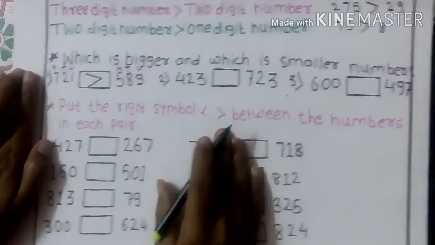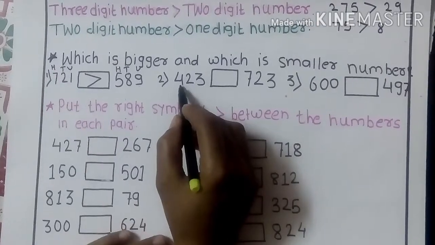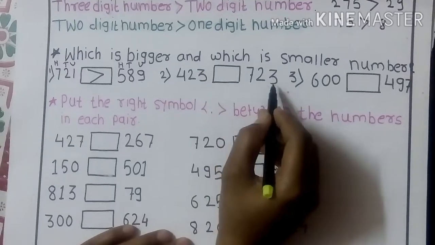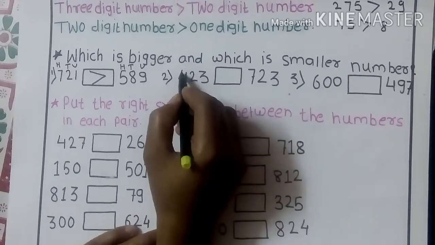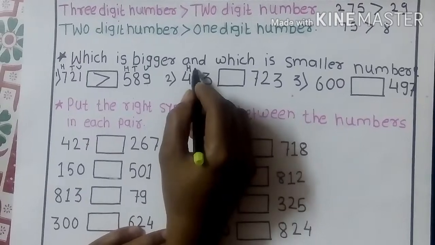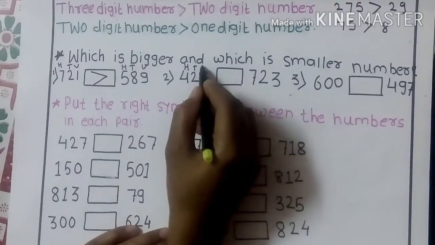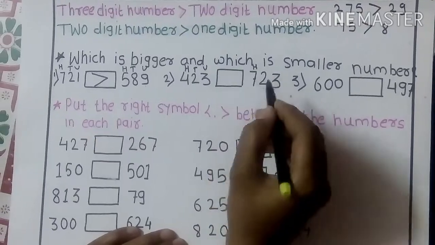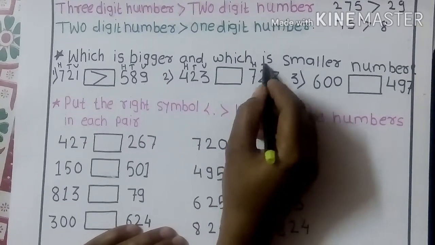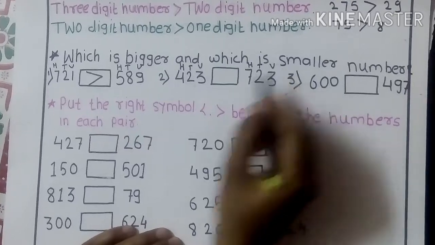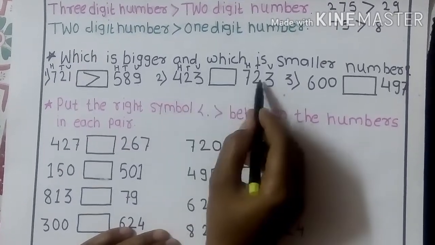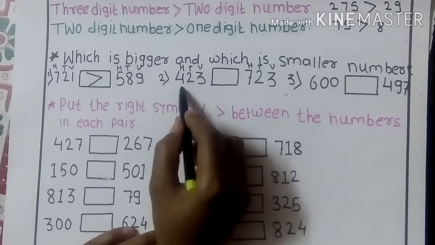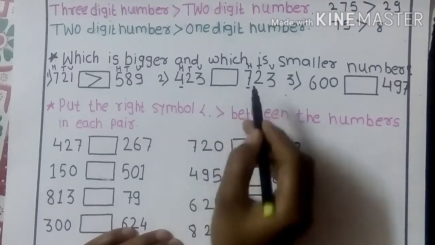Okay, see the next example. Here 423 and 723. In the hundreds place here is 4, tens place 2 and units place 3. Here in the hundreds place 7, tens place 2 and units place 3. Here the tens and units places are the same but the hundreds places are different. Here is 4 and here is 7.